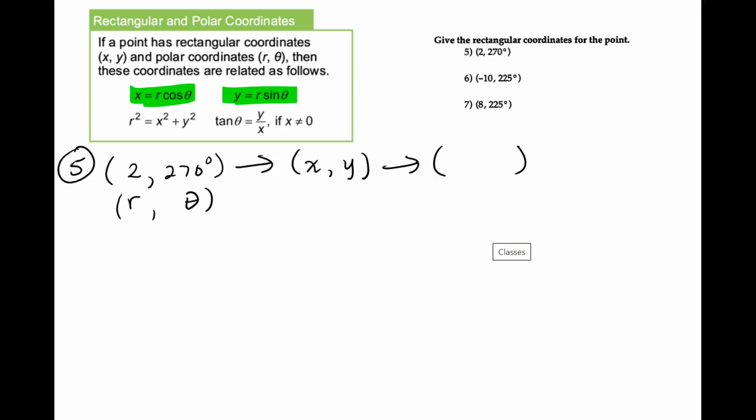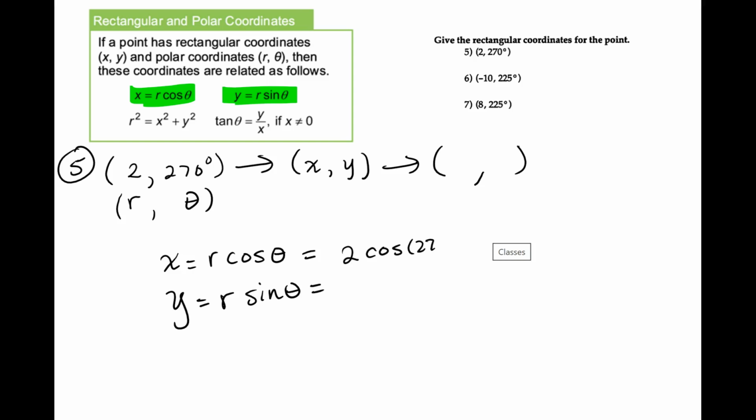So we're going to write our answer right here. And we're going to say x equals r cosine of theta and y equals r sine of theta. And we're going to fill in what we know. 2 cosine of 270 degrees and 2 sine of 270 degrees.